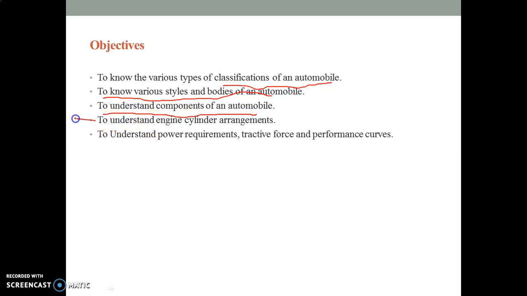The last two objectives, to understand engine cylinder arrangement and to understand power requirements, tractive forces and performance curves, will be covered in coming lectures. So we'll focus on the first objectives in this lecture.